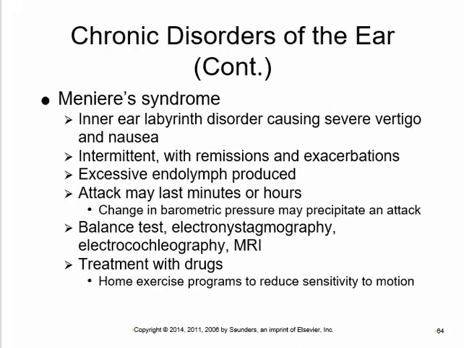You feel vertigo from that. Oftentimes what happens is this builds up and builds up and builds up, and a change in barometric pressure can precipitate the attack. So a weather front coming through, going up in an airplane, those kinds of barometric pressure changes will precipitate an attack of this.